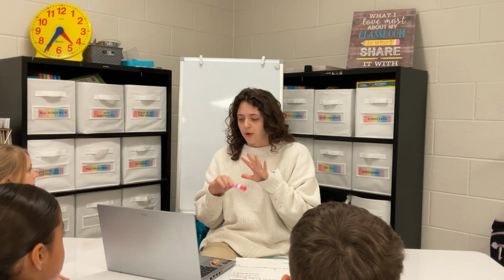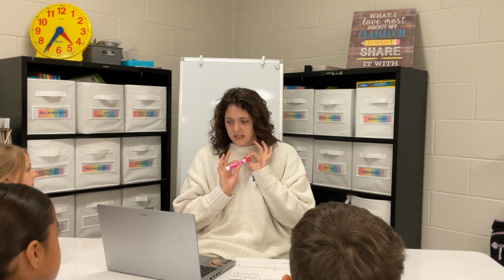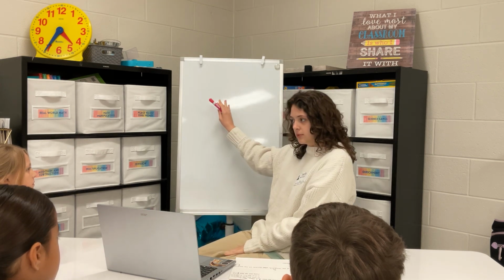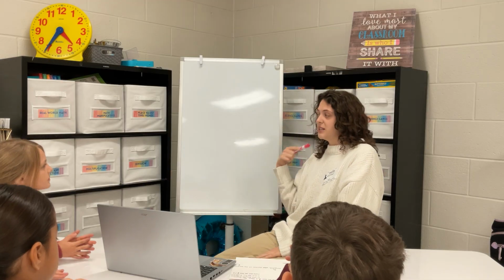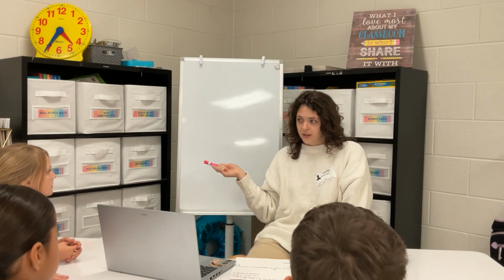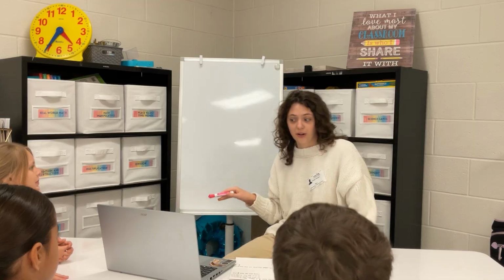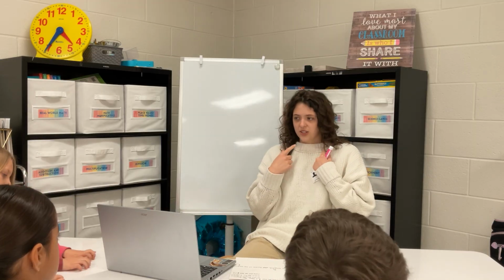So I'm gonna go over a few rules. I'm gonna give you a problem, and you're gonna think in your head how to do the math, and you're gonna give me different ways to do the math. Sounds hard, but y'all are smart, y'all got this. When you have your answer and you have your way of doing the problem, I just want you to put a little thumb on your heart. Can y'all do this for me?